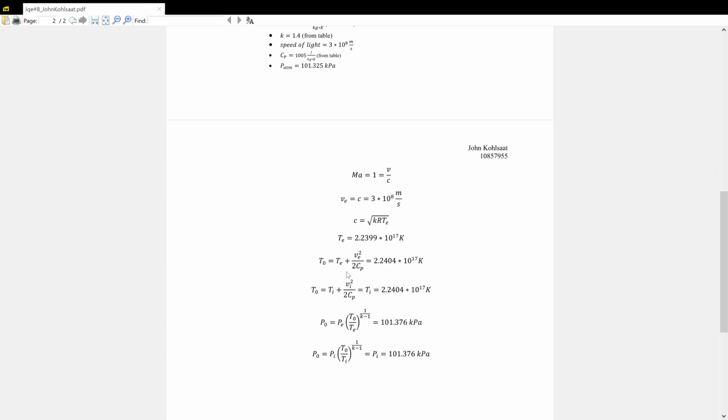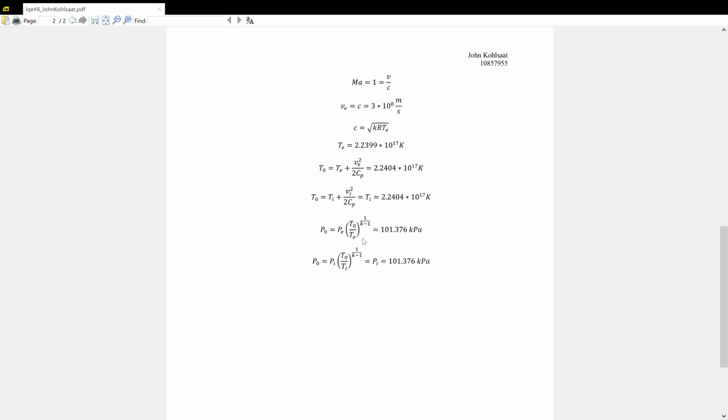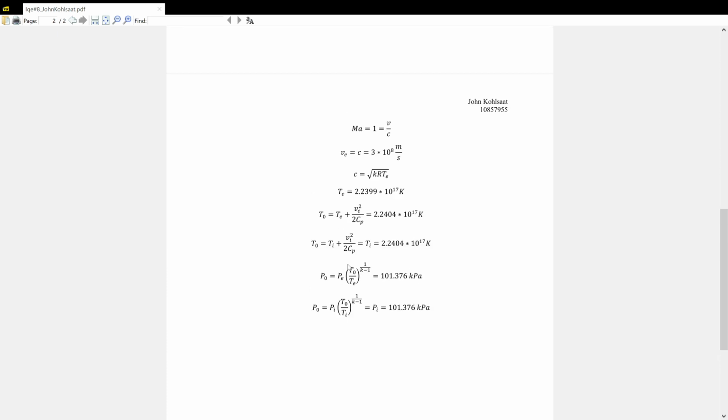And since the inlet velocity is negligible or 0, the stagnation temperature equals the inlet temperature. And then from the stagnation temperature and the exit temperature, we can get the stagnation pressure. And then since the stagnation temperature and inlet temperature are equal, this value goes to 1, and the stagnation pressure equals the pressure in. And so we get both of those values right here.